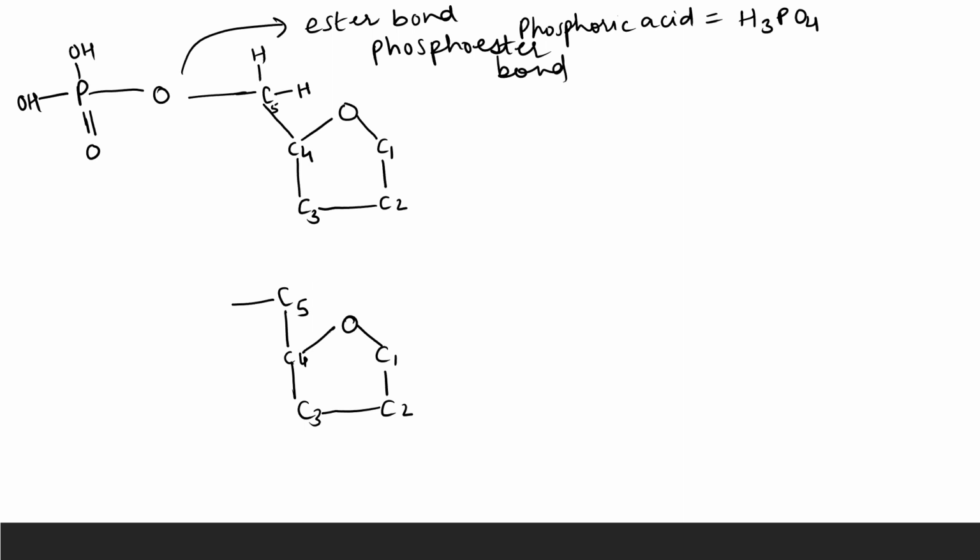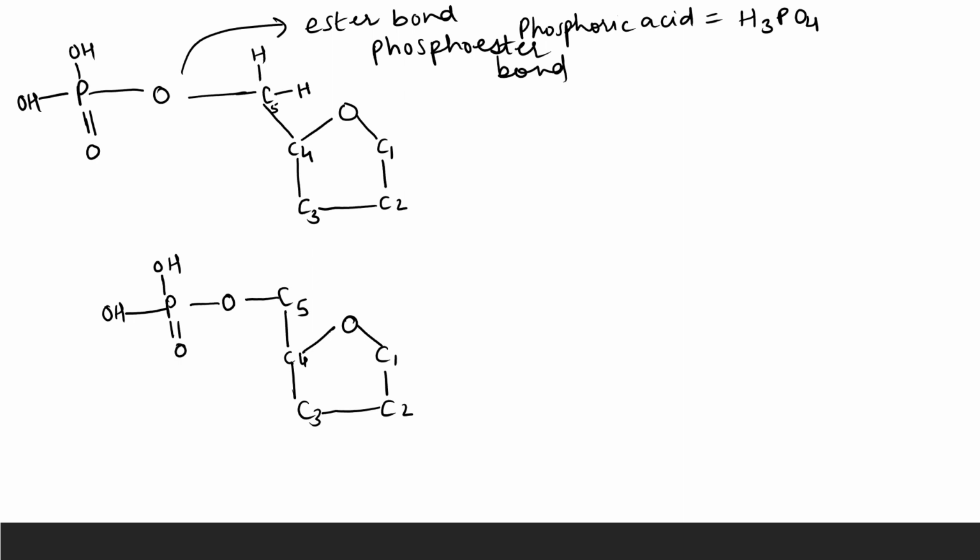Let me draw it again. Okay. Now again we need to make a bond. So here we have phosphorus. Now we understand that the bond between phosphorus, phosphoric acid and alcohol is what? That is a phosphoester bond, right?